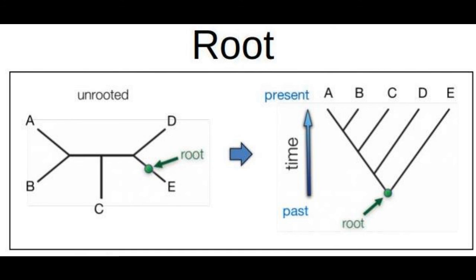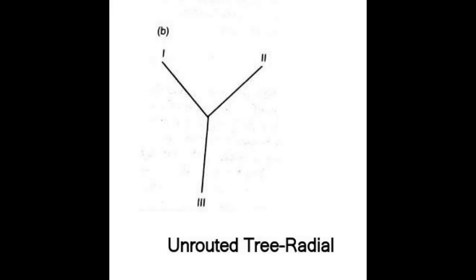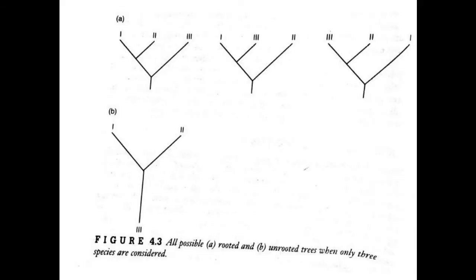So unrooted phylogenetic trees means nobody knows which is the common ancestor in that tree structure of organisms. However, for rooted trees, there is a common ancestor for emergence of nodes.